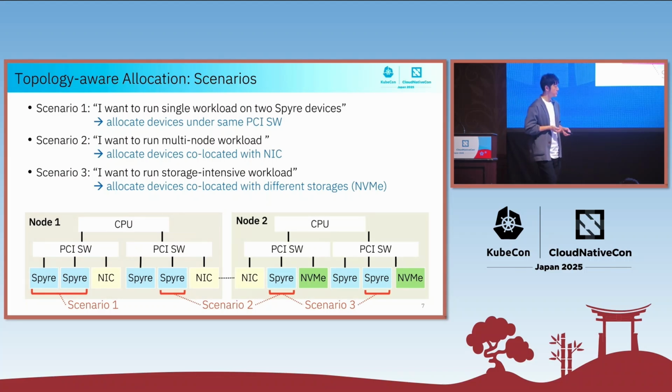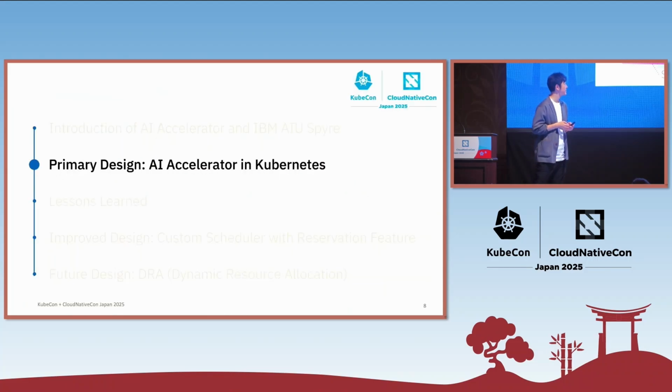So that's why we were considering all the topology architecture structures and carefully considering what optimal topology, optimal scheduling is. Okay, so I'd like to hand over the rest of the primary design, how we can deal with that and how we can enable it, and explain some lessons around.